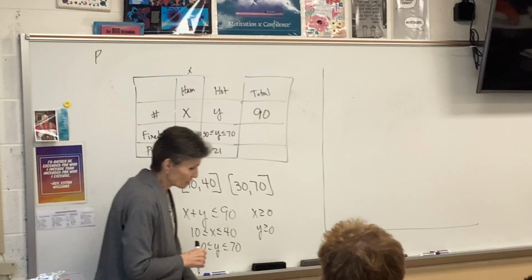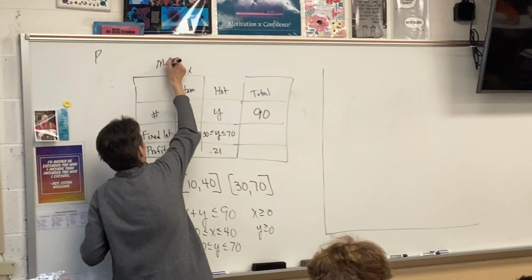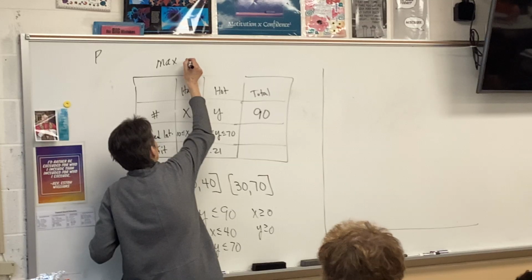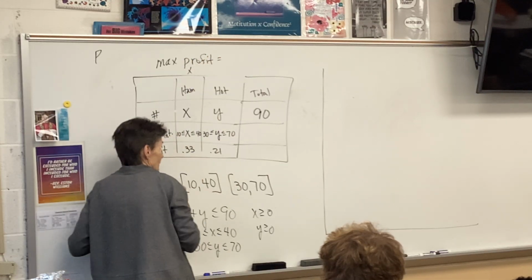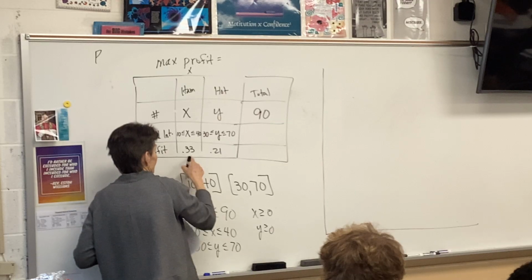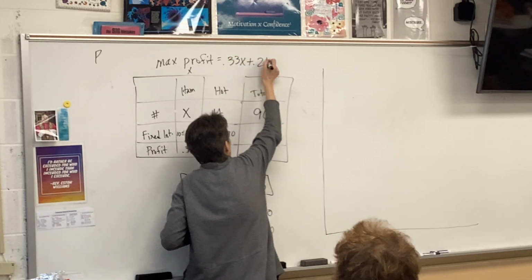Is this a max problem or a min problem? And what am I trying to maximize? Profit. And how am I going to calculate my profit? 0.33x plus 0.21y.